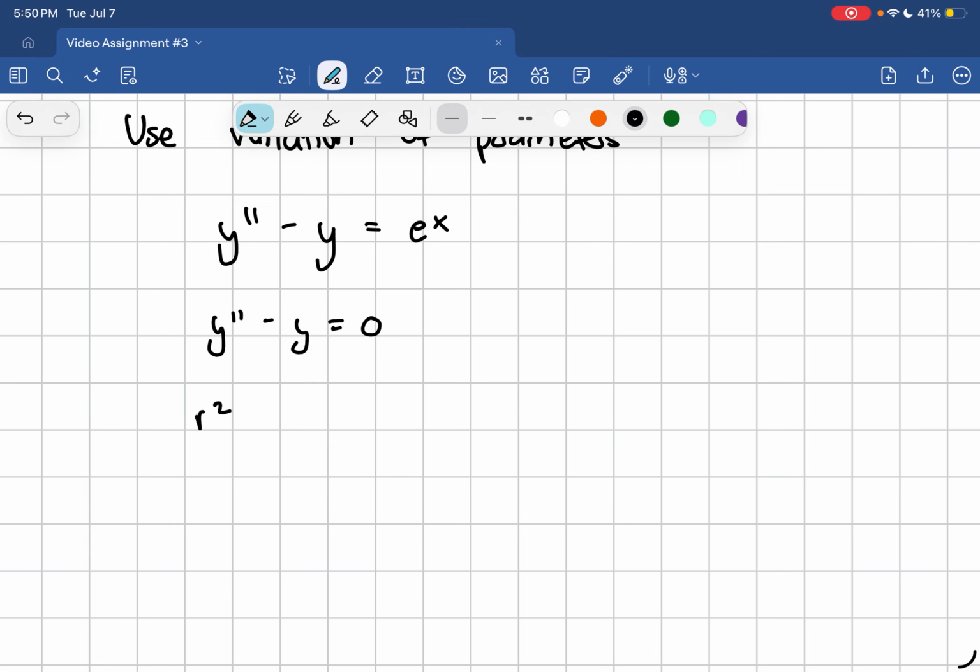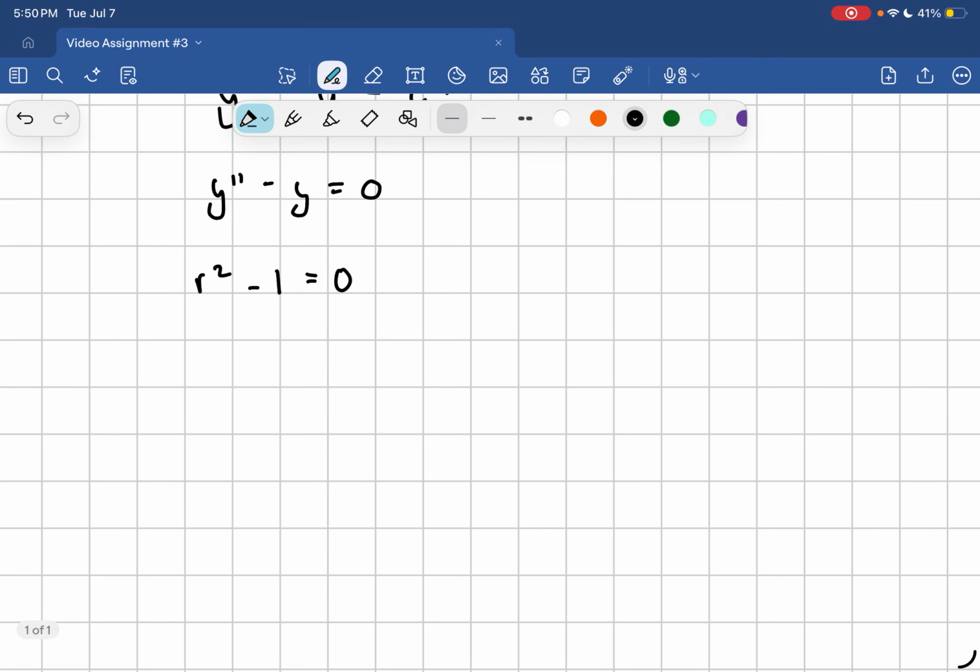So this will be r squared minus 1 equals 0, which we can rewrite as (r plus 1)(r minus 1). So we have that our roots are r equals -1 and r equals 1. And so now with this, we can write our solution yc equals c1 e to the x, plus c2 e to the negative x.